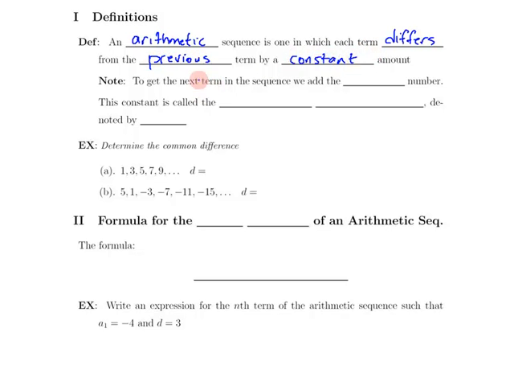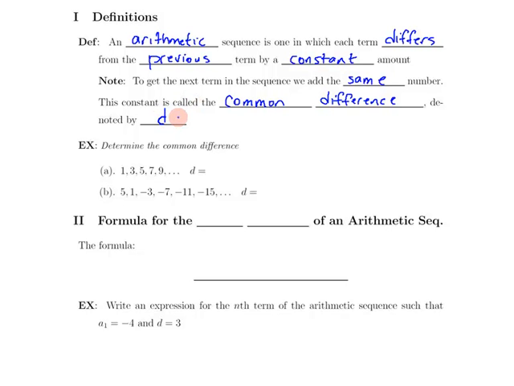In other words, to get to the next term, we add the same number over and over again. This constant is called the common difference, and is usually going to be denoted by D for difference.